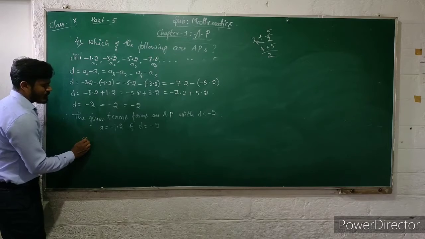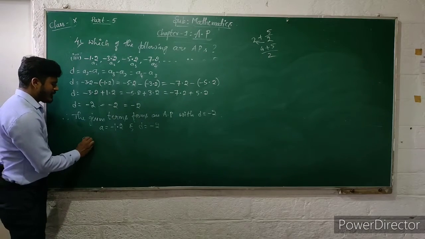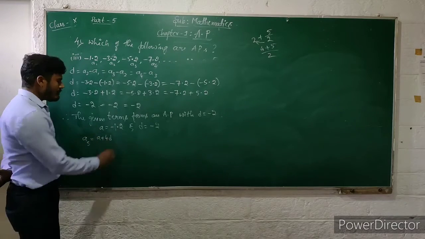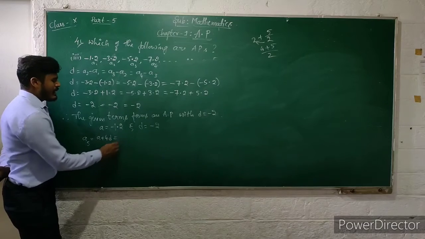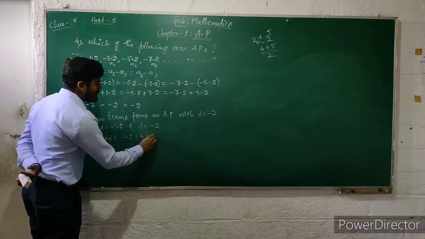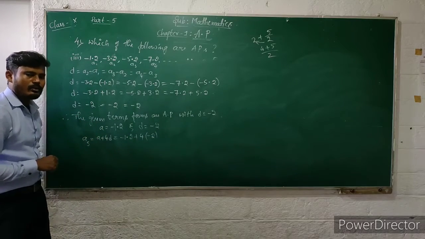So you have to find the 5th, 6th and 7th terms. The 5th term is equal to A plus 4D. Here A is minus 1.2 plus 4 into minus 2.